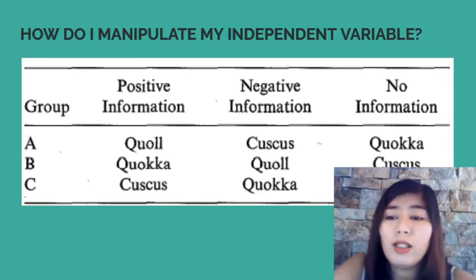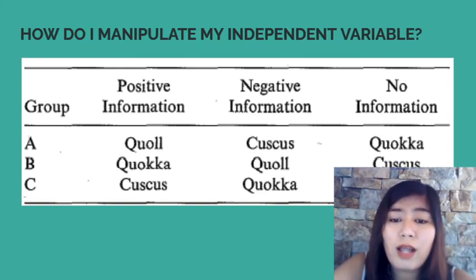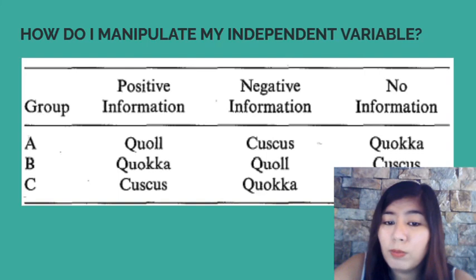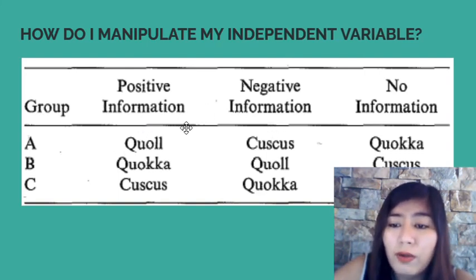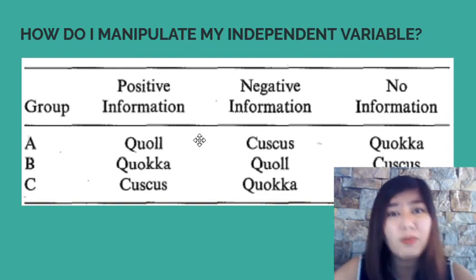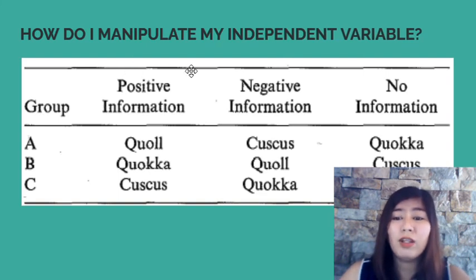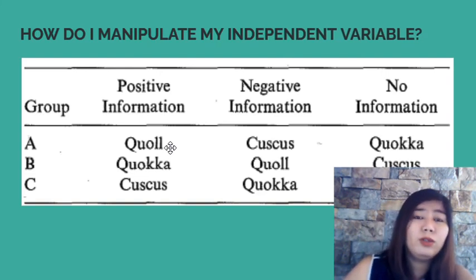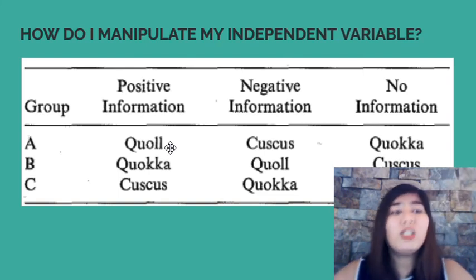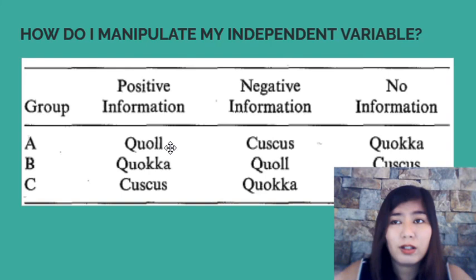In manipulating the independent variable, you notice that the animals were presented with different fear information: one positive, one negative, and the other control. You also notice that he jumbled the order of these conditions. We call them conditions: positive, negative, and no information, along with the trial items, quoll, quokka, and cuscus. We jumble them all together in order to control for potential error in this kind of experiment.